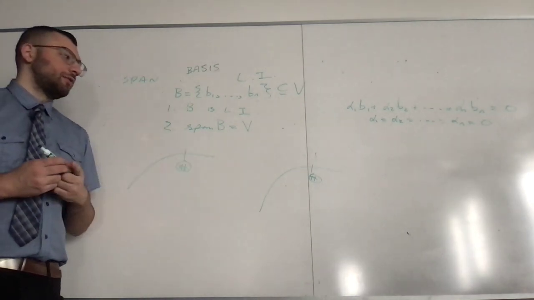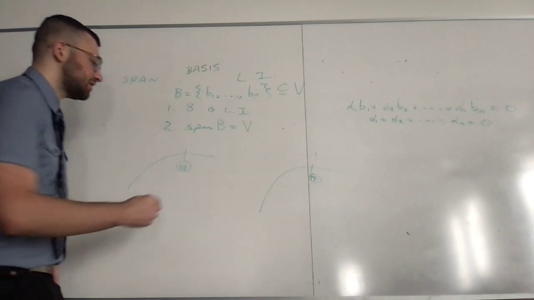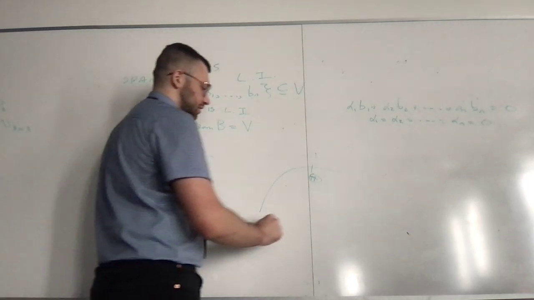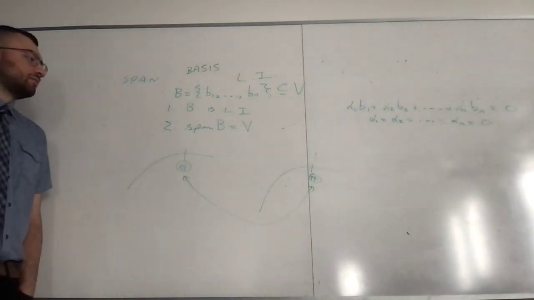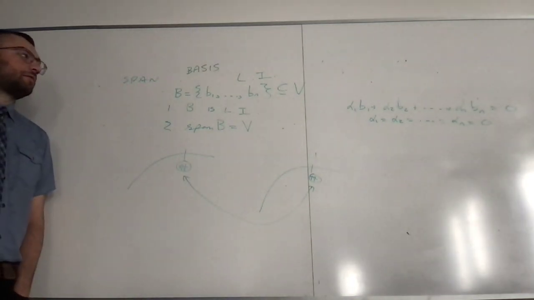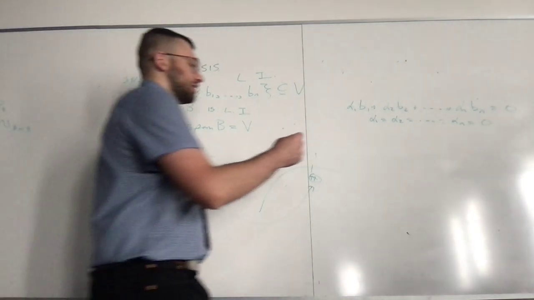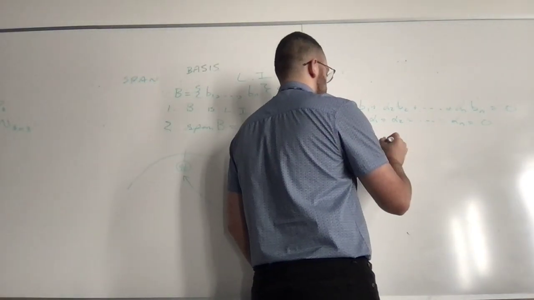That's after a magic number of vectors, and like I said last time, these two magic numbers are the same. We call that the dimension of the vector space, and we usually write that as dim of V.